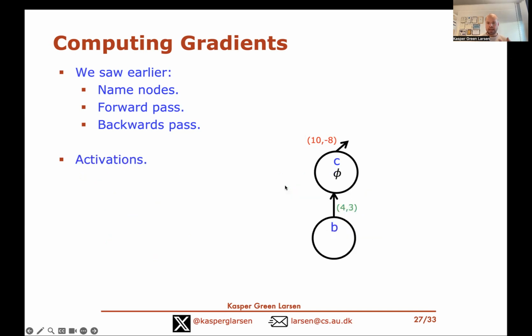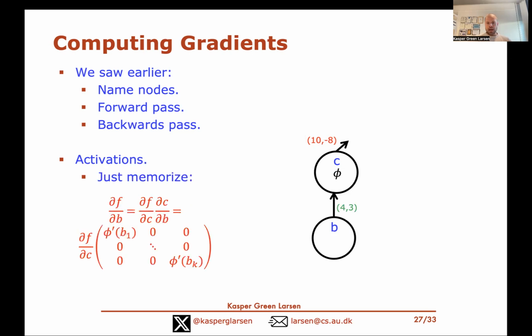Finally, if we have an entry-wise activation function in one of these nodes of the computation graph, what you have to remember is that you take this partial derivative that you already computed, f with respect to c, which is on this edge, and multiply it from the right onto this diagonal matrix, where you have the activation function. It's a function that works on just a single variable, applied entry-wise.